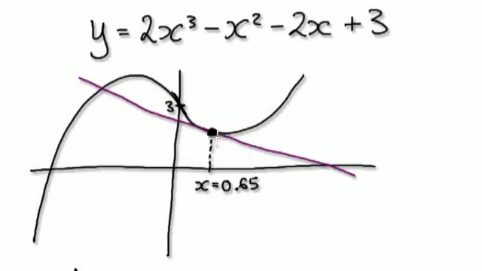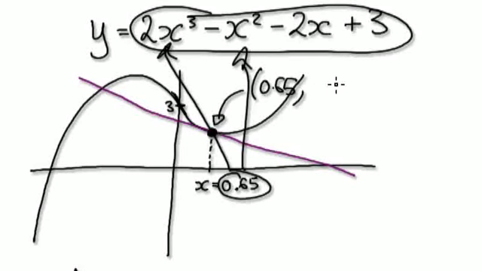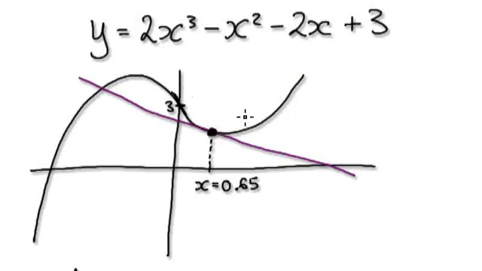So this point here will be 0.65 comma the whole thing here, when you put this into here. So you know the coordinates of this point. The only difficult part is finding the gradient of this line here.